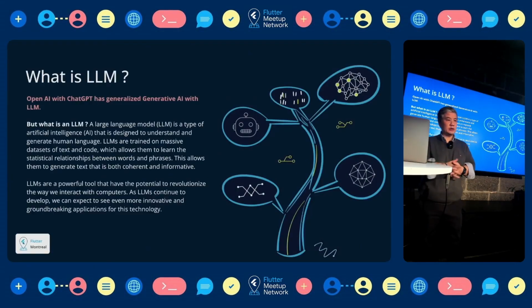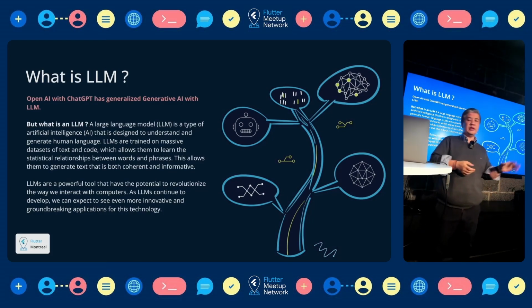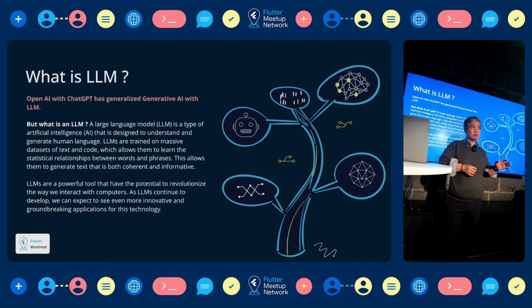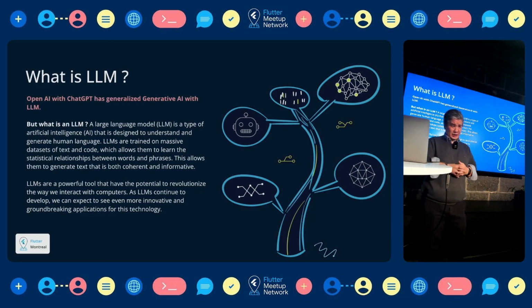Just to start, we're going to talk about three concepts that are going to be useful to understand how generative AI works. The first one is LLM. Who knows about LLM? LLM stands for large language model.